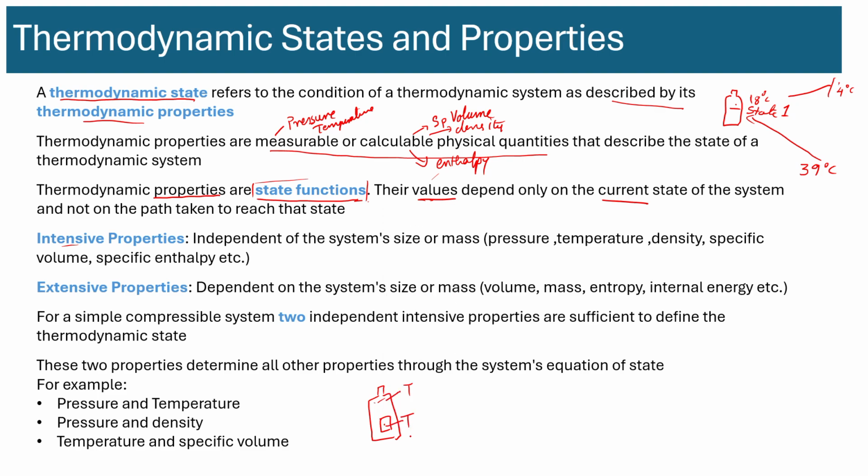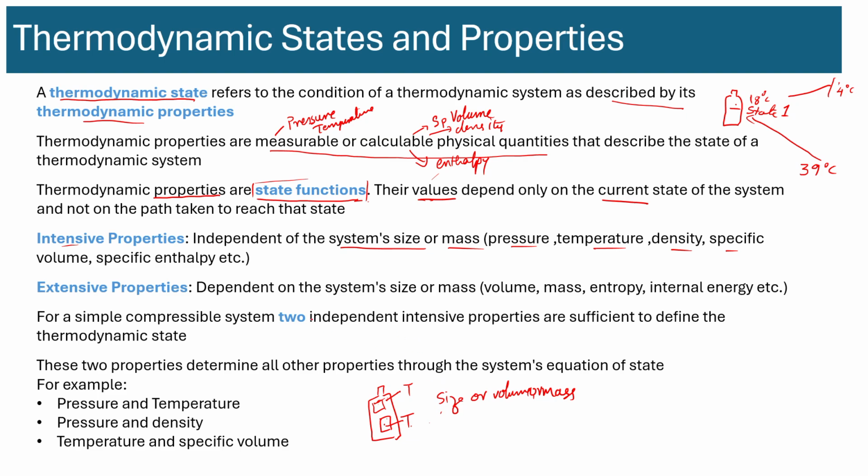That's also at a temperature T. So properties that don't depend on the size or volume or mass are called intensive properties, independent of system size or mass. Examples would be pressure, temperature, density, specific volume, specific enthalpy, etc. If you take one for the bulk fluid and then take a smaller volume, or compare between two volumes inside this, they'll be the same.